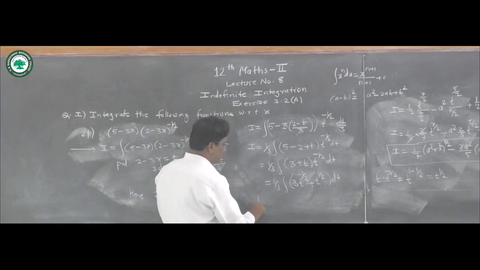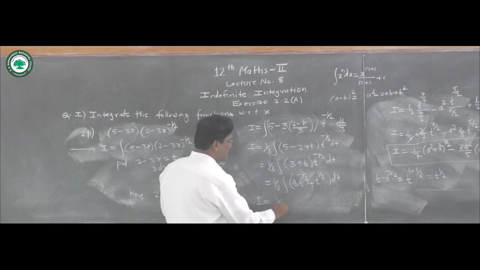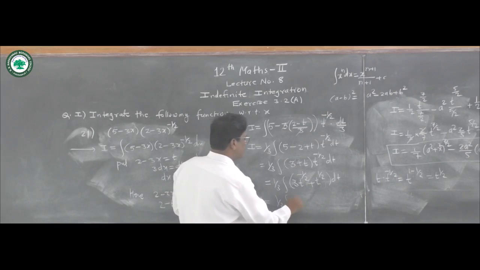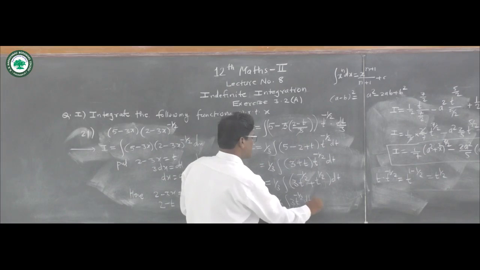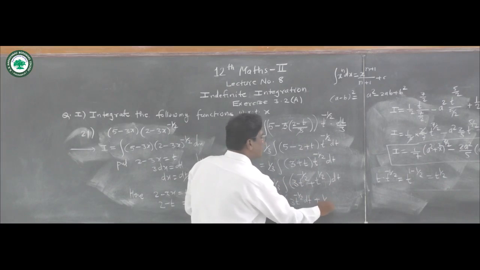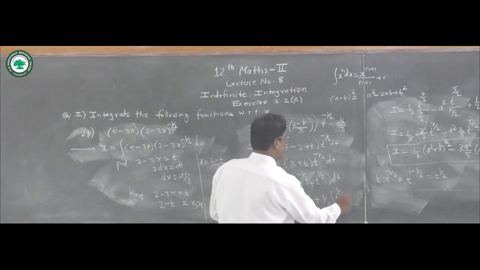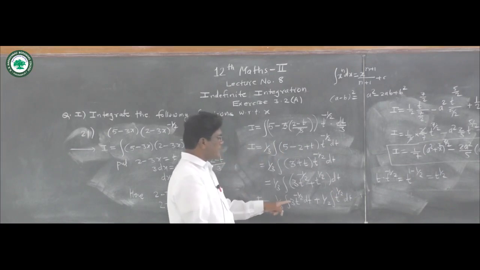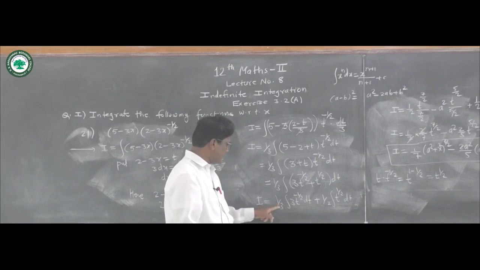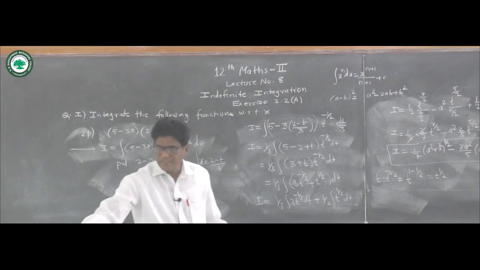So I is equal to 1 upon 3 into integration of 3 t to the power minus 1/2 dt plus this 1 upon 3 into integration of t to the power 1/2 dt. Now here we take this constant 3 outside the integral and take the integration directly.